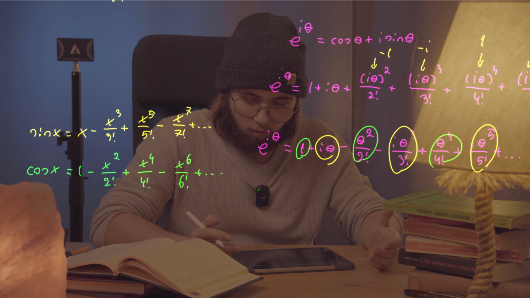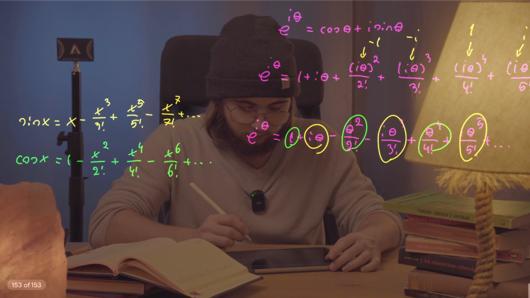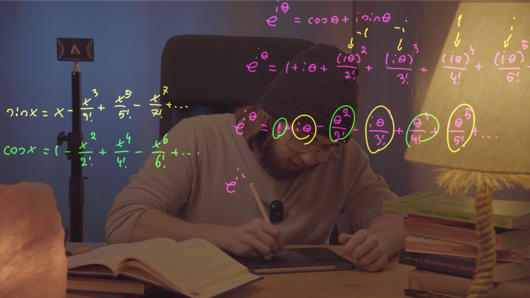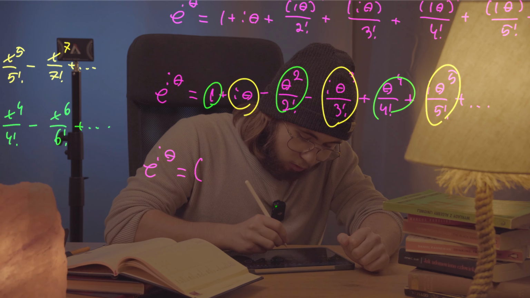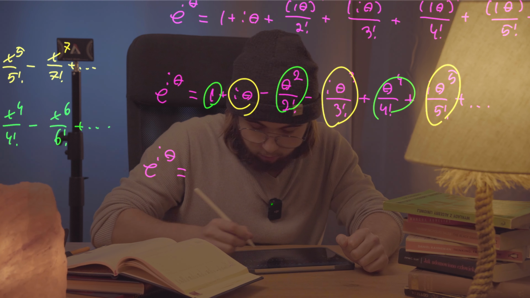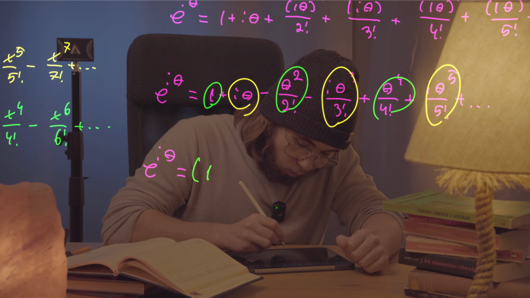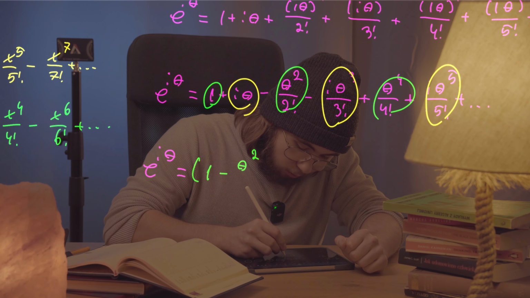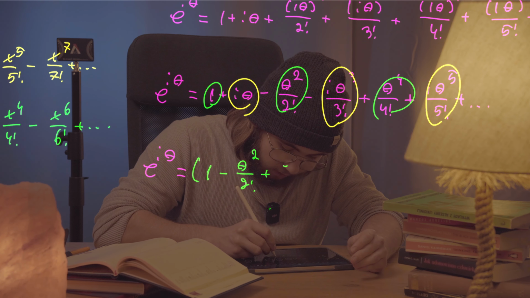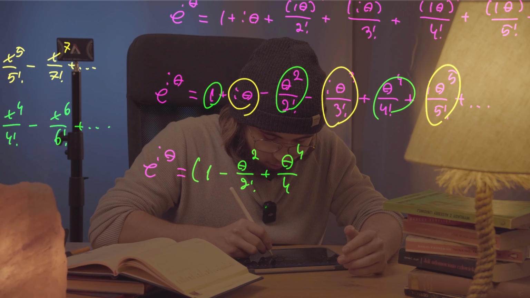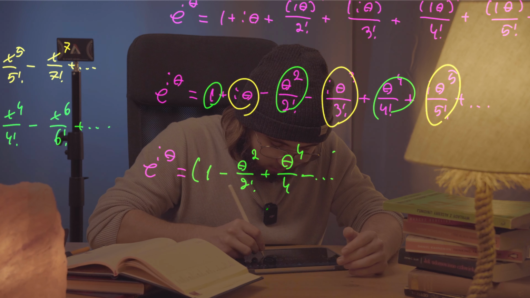So let's group all the terms here into two separate sums. I'm gonna say that e to the i theta is equal to 1 minus theta squared over 2 factorial plus theta to the power of 4 over 4 factorial, and all that stuff all the way up to infinity.